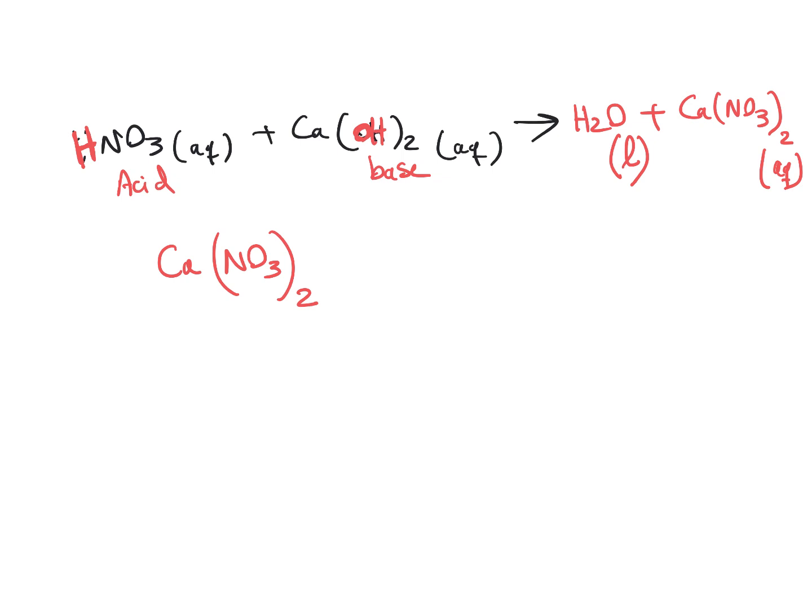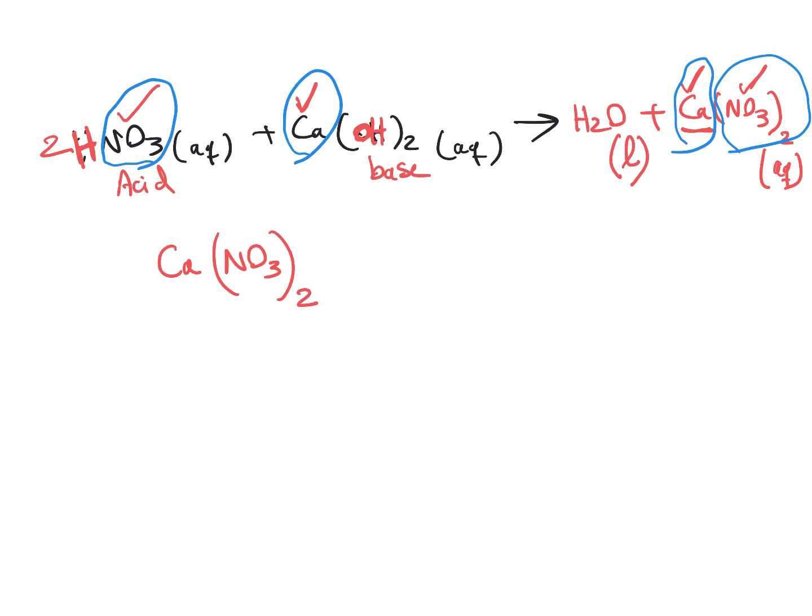So now let's balance this equation. We have 1 Ca on the right, 1 Ca on the left. We have 2 NO3 on the right, so I put 2, and I have 2 NO3 on the left. Now how many oxygen? Remember, we already dealt with the nitrate.